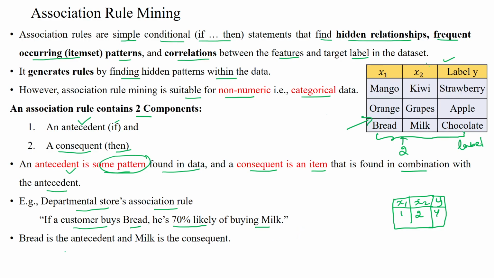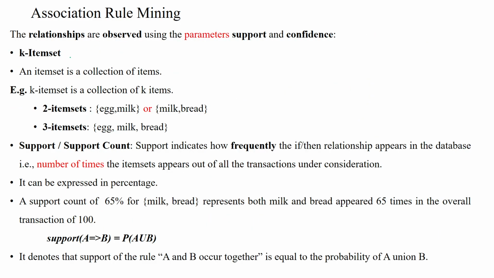Okay, so like that we can frame the association rules for a given data set. Here bread is the antecedent and milk is the consequent. Based on this, we can use some parameters to frame the association rules.